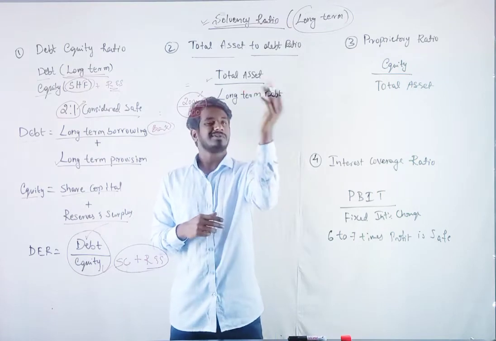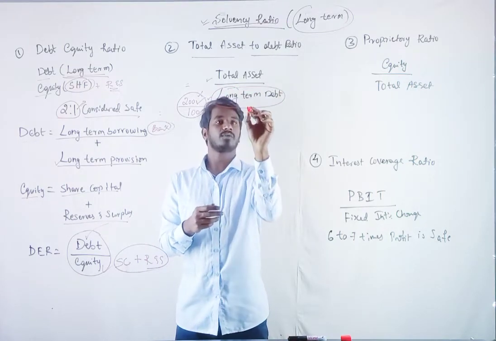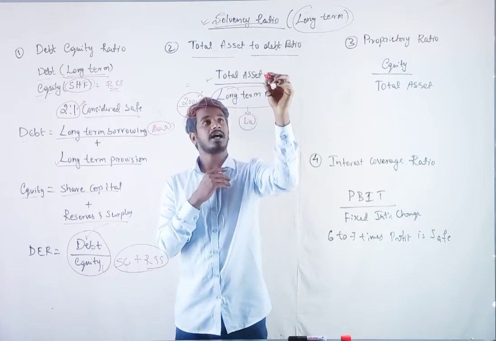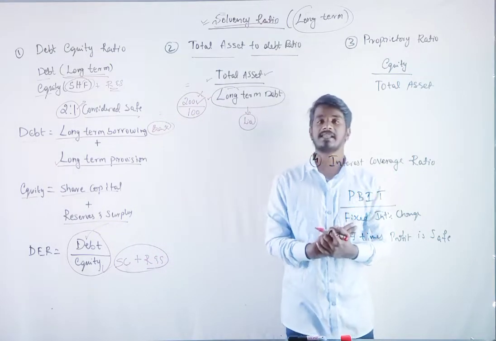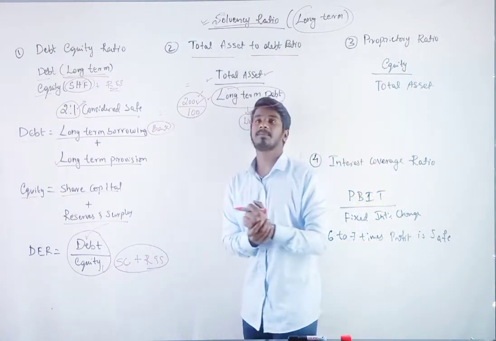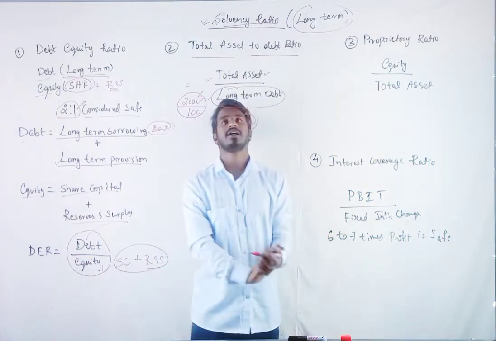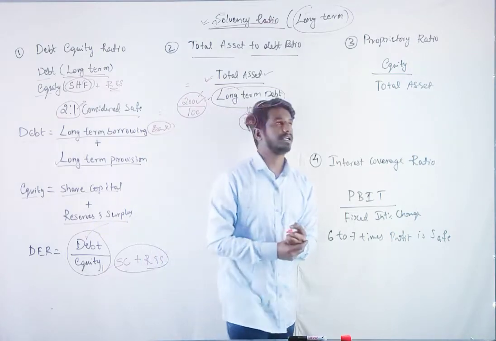For the long term debt liability I have, how much total assets do I have, so that I can sell these assets and repay the long term loan. It is called total asset to debt ratio. Basically we compare total asset and long term debt.